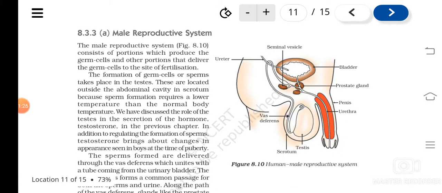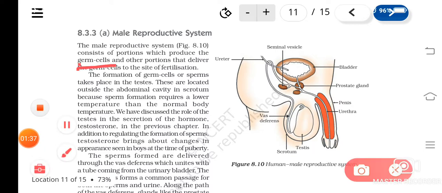The male reproductive system performs two different functions. One is they help in the production of germ cells. What are the germ cells produced by the males? Sperms, isn't it? And another portion helps in delivering the sperms into the site of fertilization, isn't it?